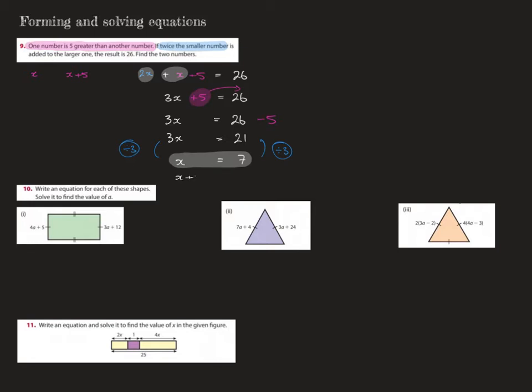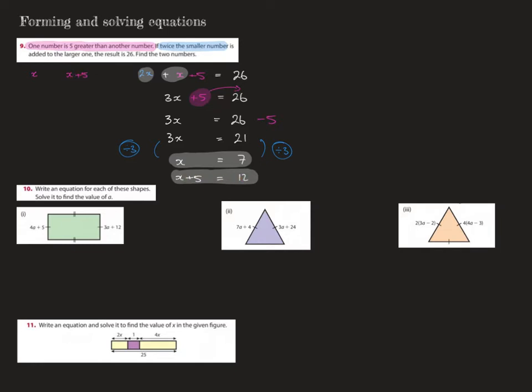So x plus 5 is going to be equal to 7 plus 5, and 7 plus 5 is going to give me 12. So the two numbers that I'm dealing with are going to be 7 and 12, because one number was x, the other number was x plus 5.